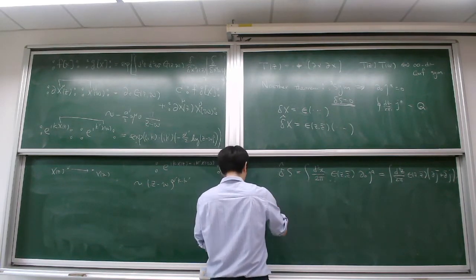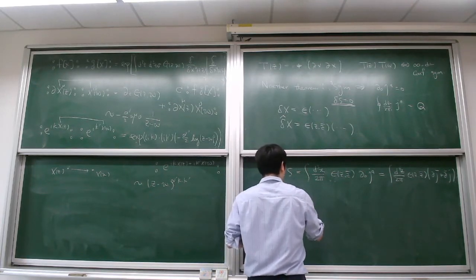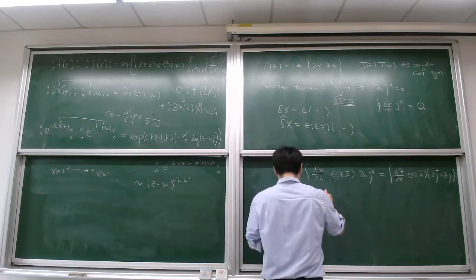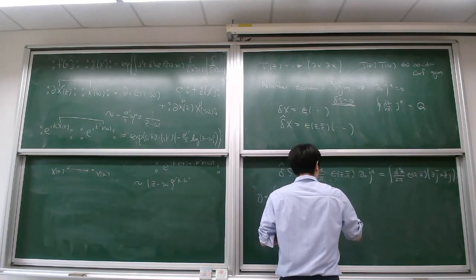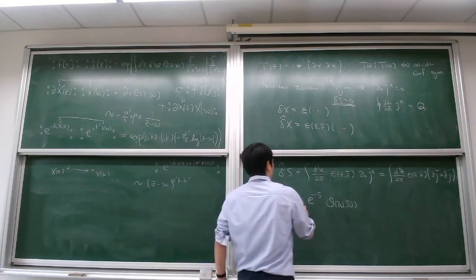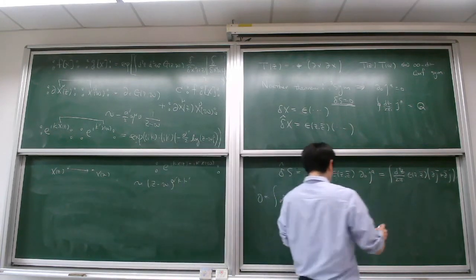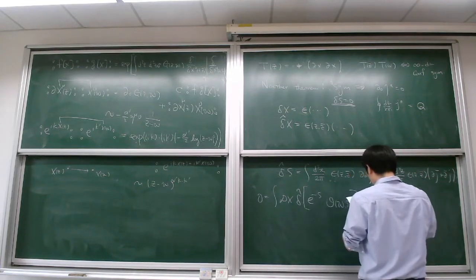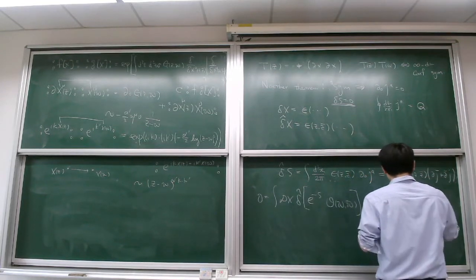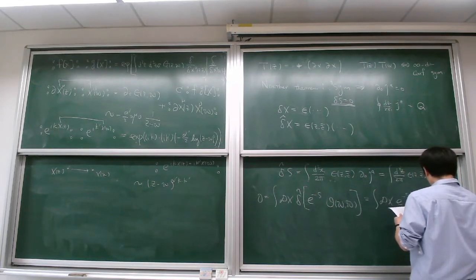If you insert some operator in the path integral, e to the minus S, and take the variation with respect to delta hat, then what you get is something like this: the integral of Dx, e to the minus S, and the operator O of w, w bar, minus delta hat S times O of w, w bar.